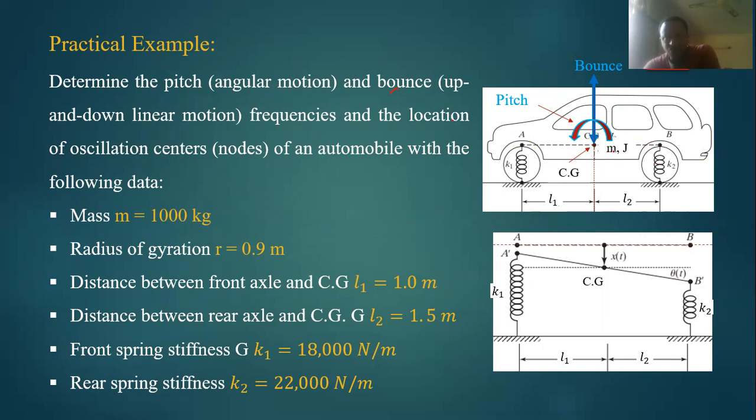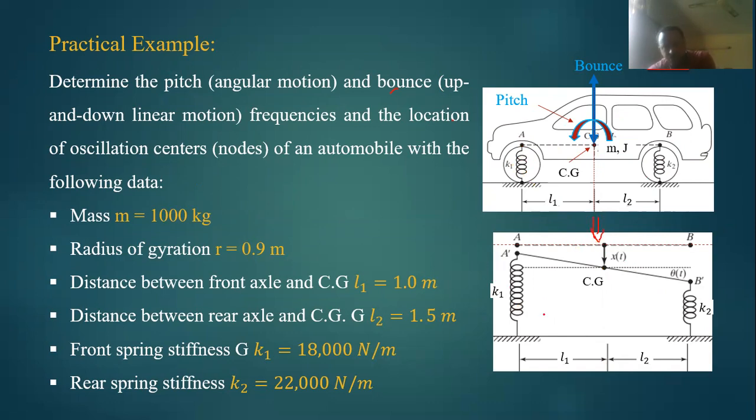The total mass of the car and the mass moment of inertia of the car are M and I_G. L1 and L2 are represented like this, and the suspension system here represents K1 and K2.